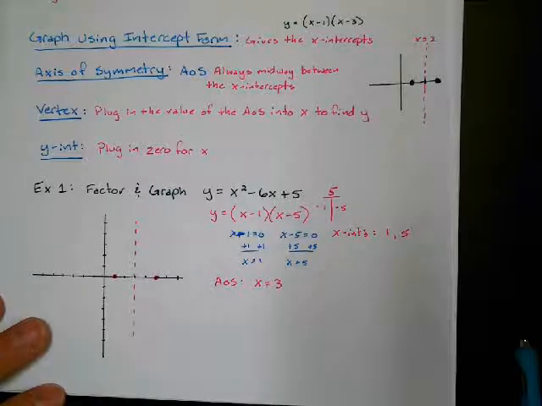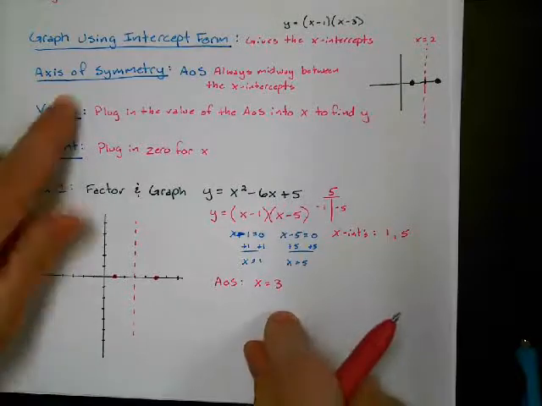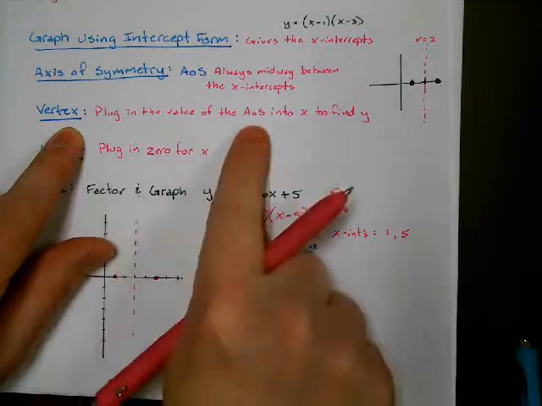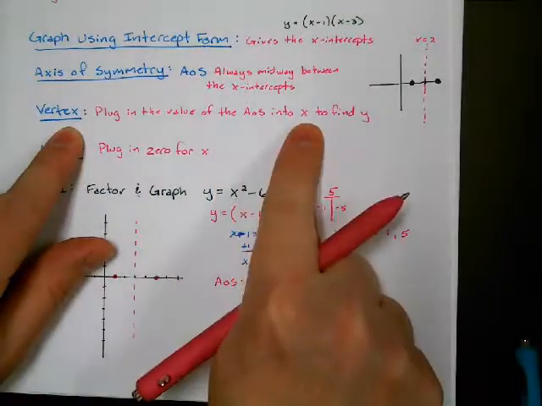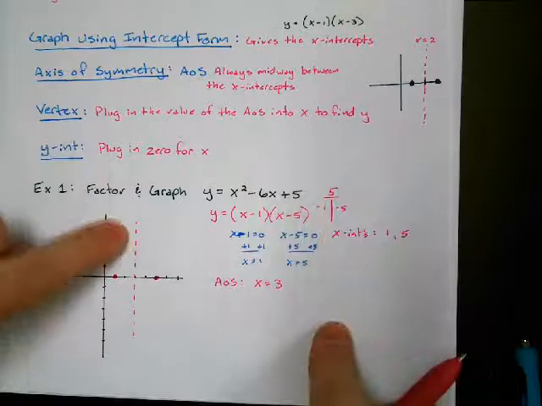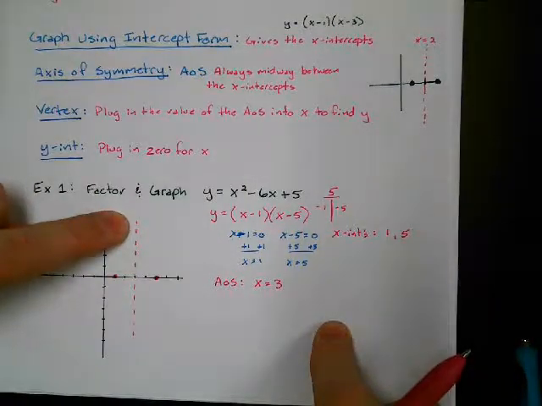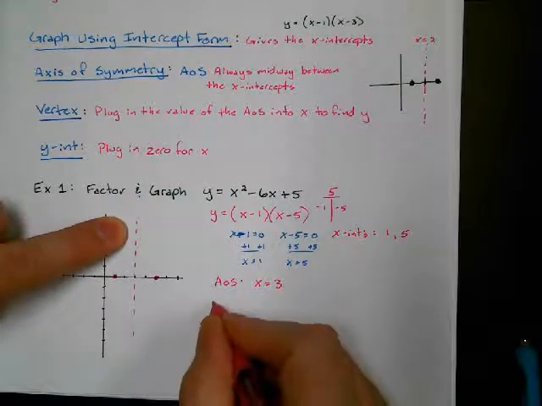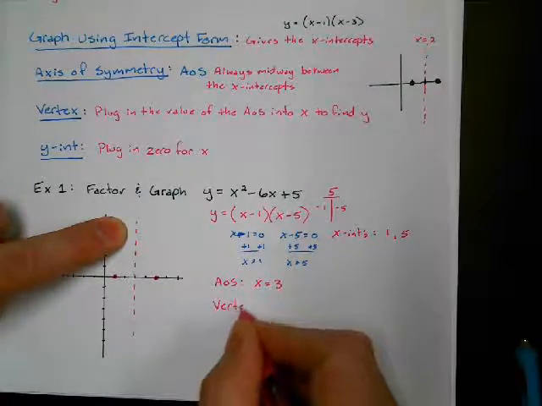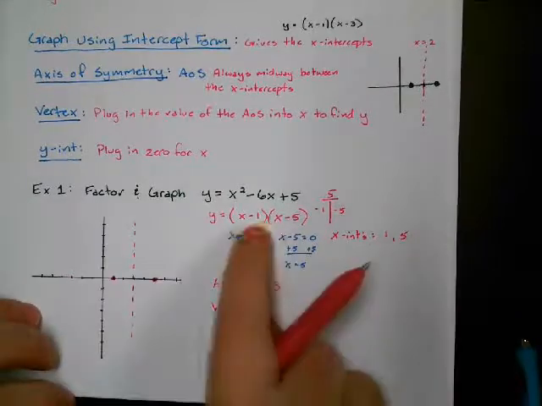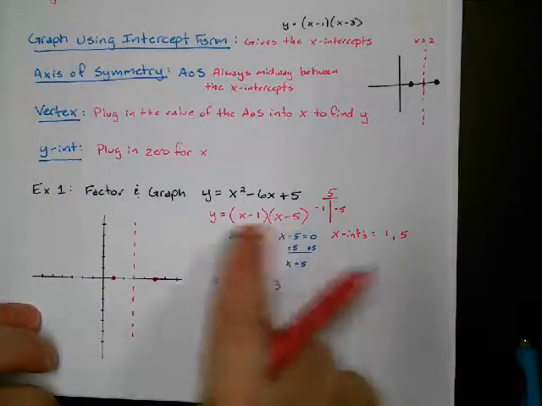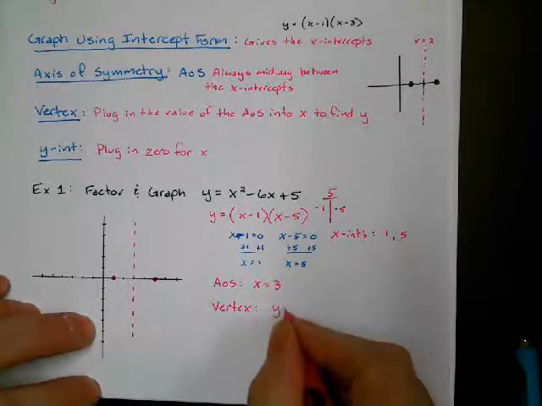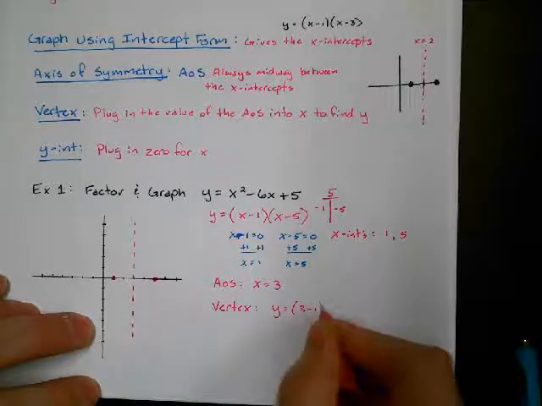Okay, so why is that important? Well, in order to find the vertex, we plug in the value of the axis of symmetry into x to find y, and that's where our vertex is, because our vertex is somewhere on this line. And anywhere on this line, x is equal to 3. So to find the vertex, I'm going to plug in 3 into these two right here. So y is equal to 3 minus 1 times 3 minus 5.